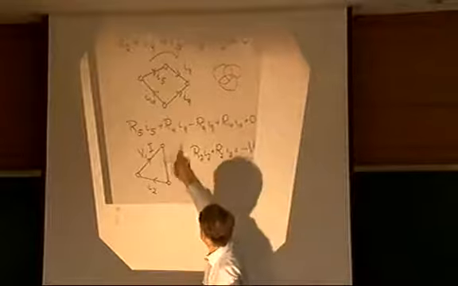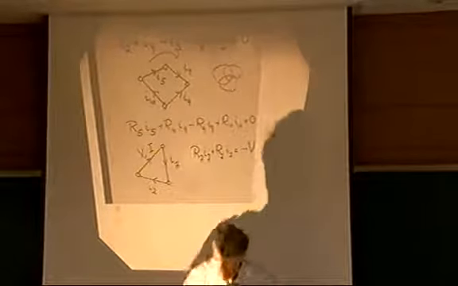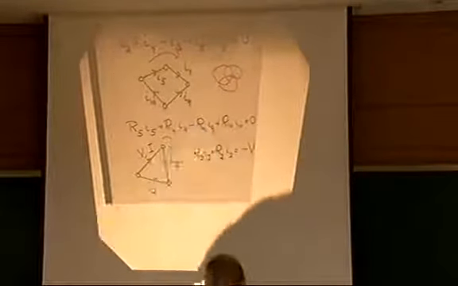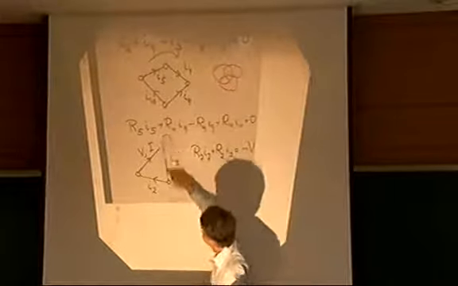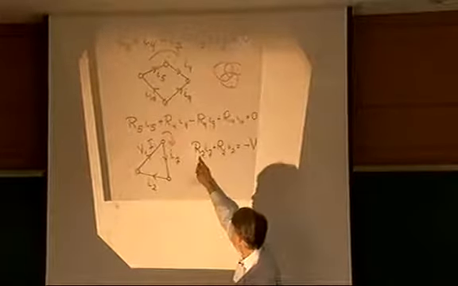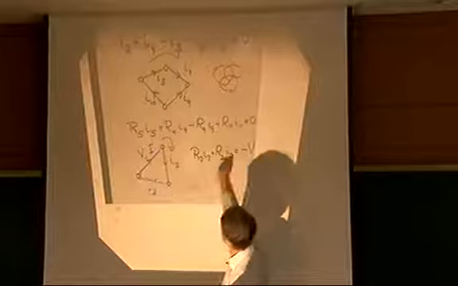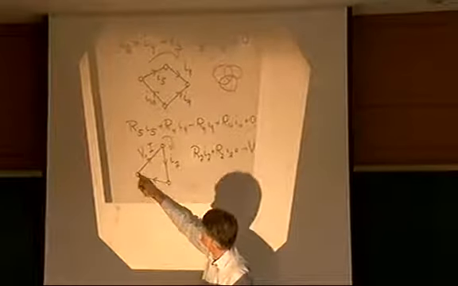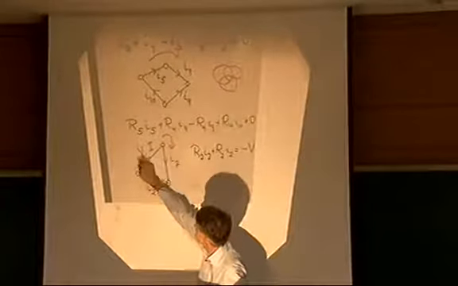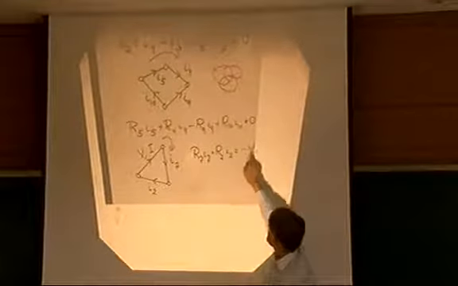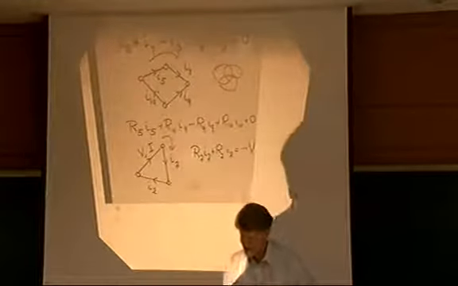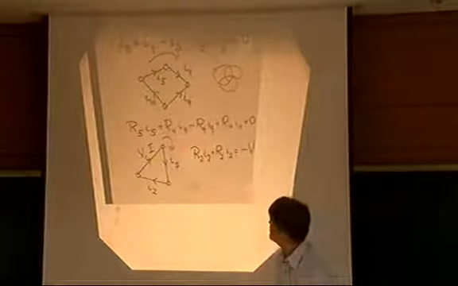Because now if we take the cycle in this direction here, we take this current multiplied with the resistance plus this current multiplied with the resistance plus this voltage. That should be 0. But now I put this V on the other side of the equality sign.